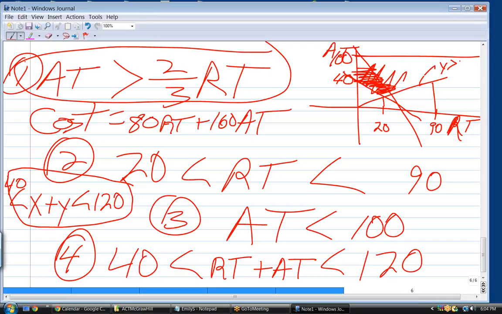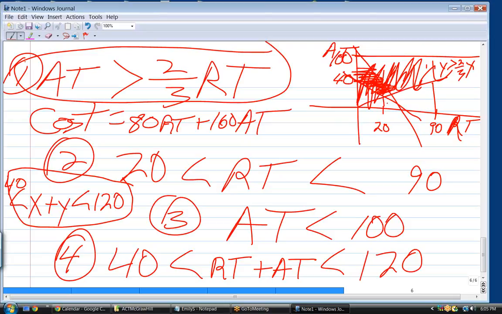I got that line. Everything above that line. Okay, so that's the inequality number one. So is this going to have 5 points? Perhaps. I don't know. It's hard for me to see it at this point.